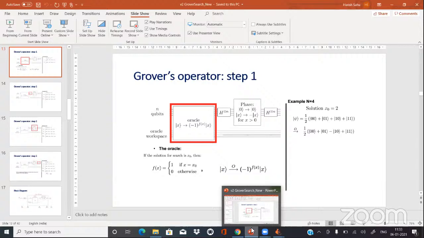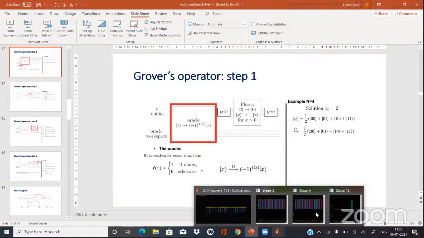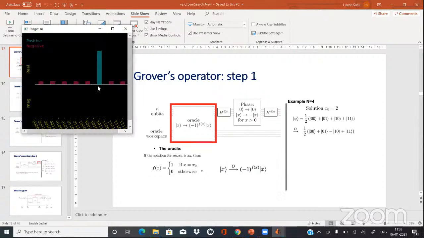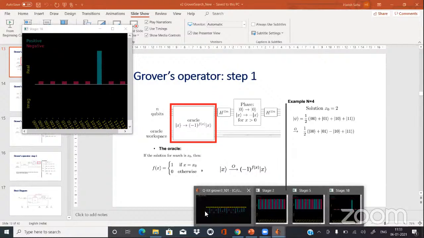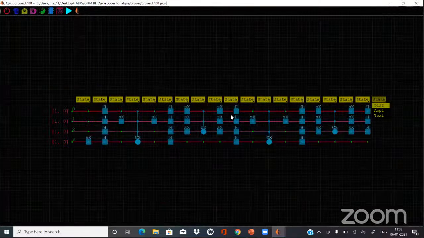the amplitude of the desired state. So if we apply it 2 times, then it will be significant. And also we can verify the same thing, like here, if you see. Could you please show the last result of the left one and right one also? These states, where?